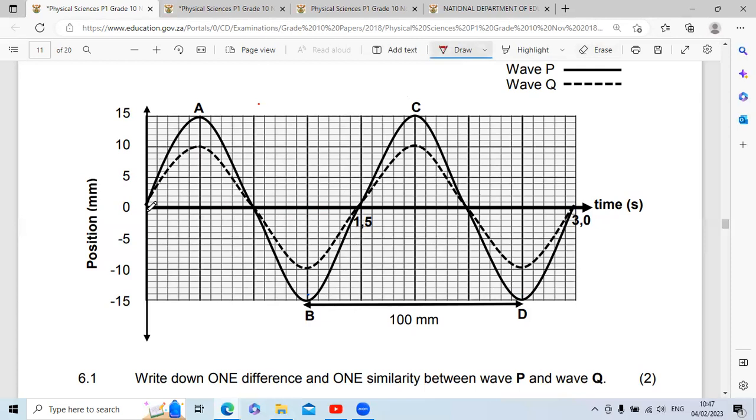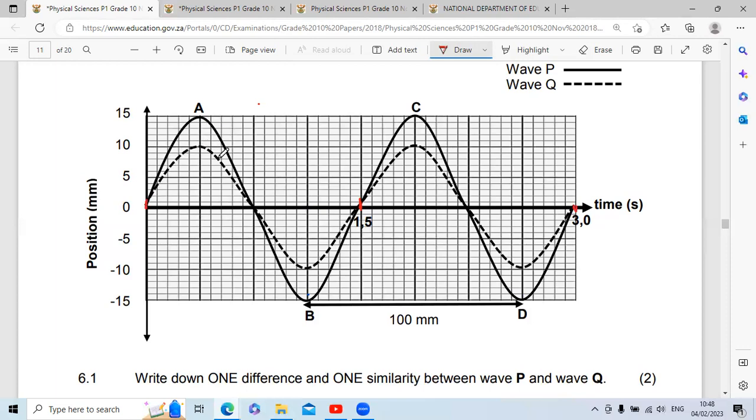So we have our wave P, which is the one above, and our wave Q, which is the one below. If you look at it, all these waves start here and end here, and then a new one starts here and ends here.